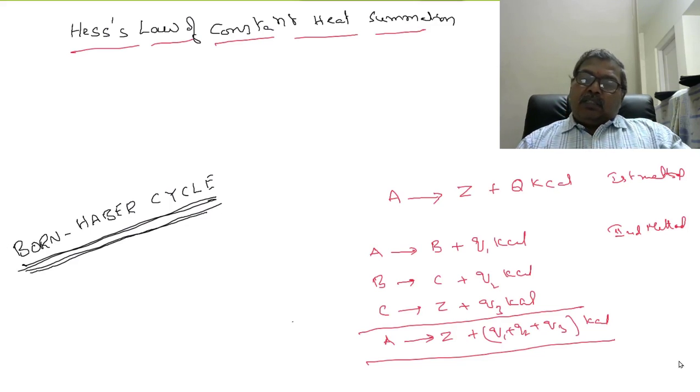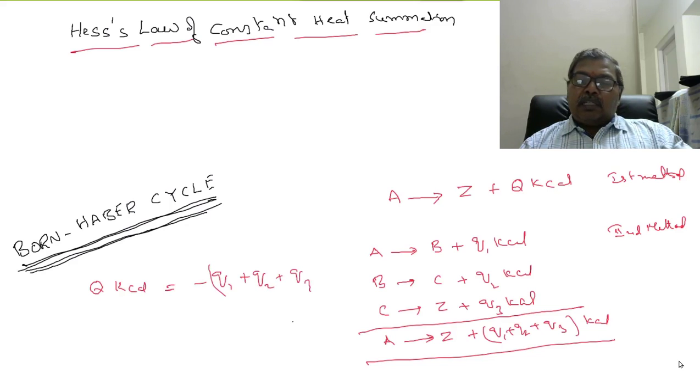The overall energy change, meaning the amount of heat energy released or absorbed, is the same whether the reaction is carried out in one step or in more than one step. The energy released will be the same. Is it clear?